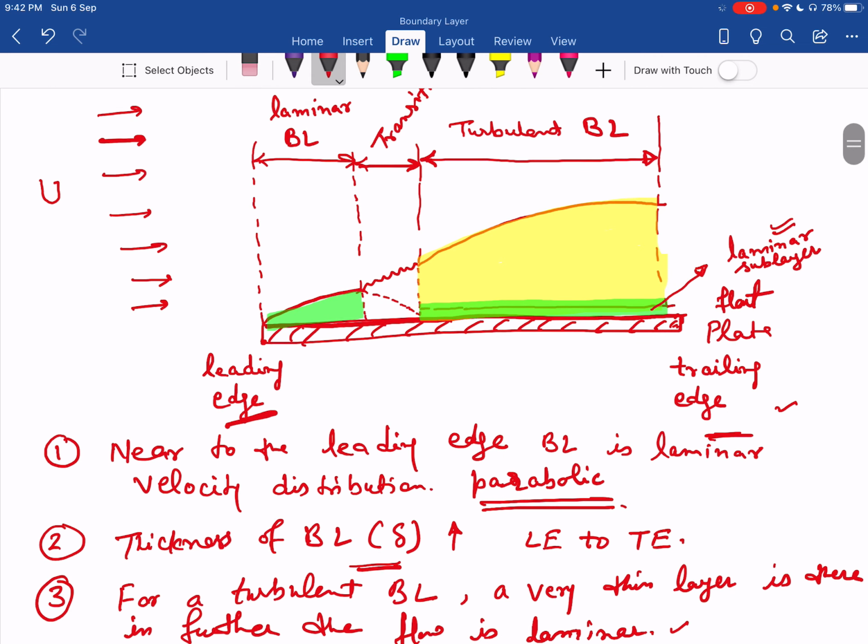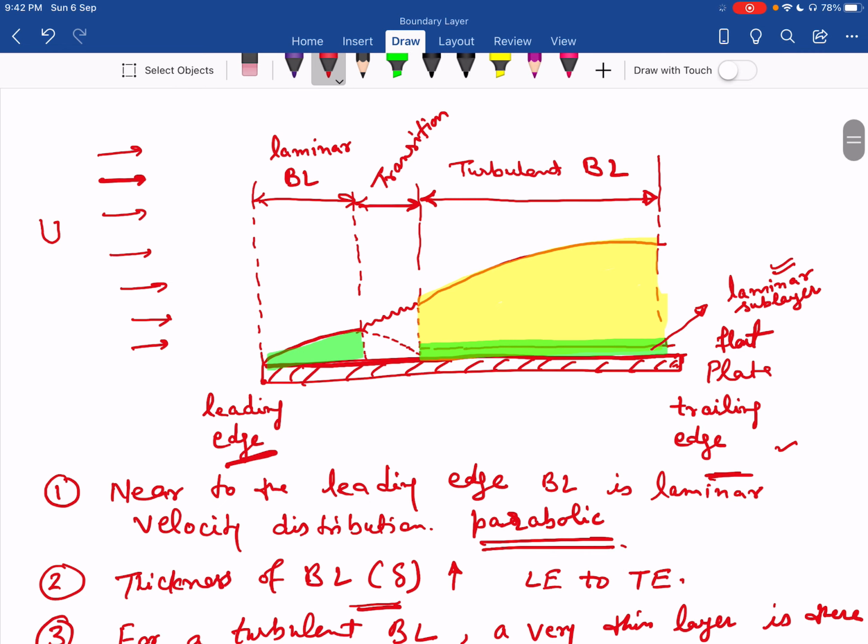You can see in this diagram, if I increase this u, the thickness comes to the lower side, something like this. So as we increase u, delta decreases.